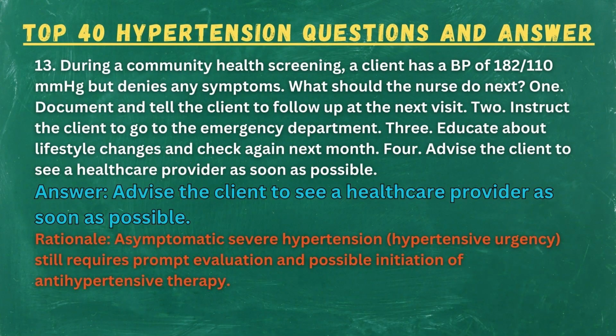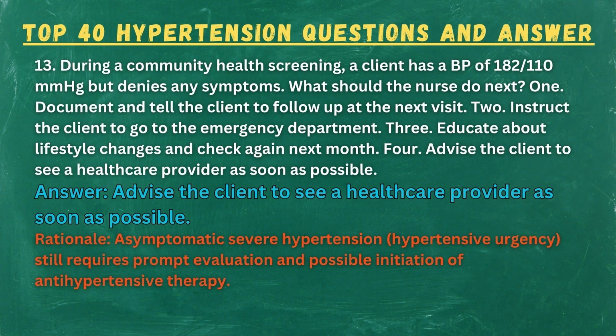13. During a community health screening, a client has a BP of 182/110 mmHg, but denies any symptoms. What should the nurse do next? 1. Document and tell the client to follow up at the next visit. 2. Instruct the client to go to the emergency department. 3.